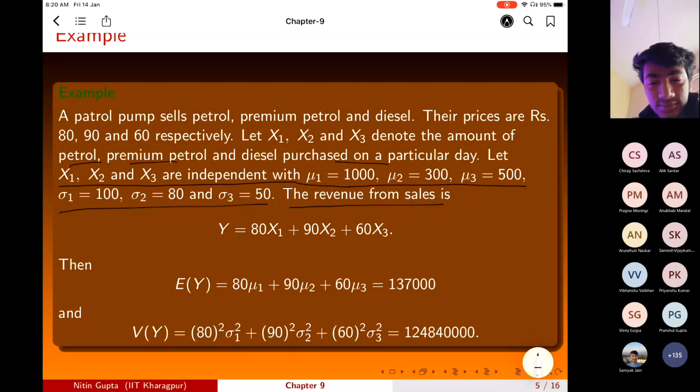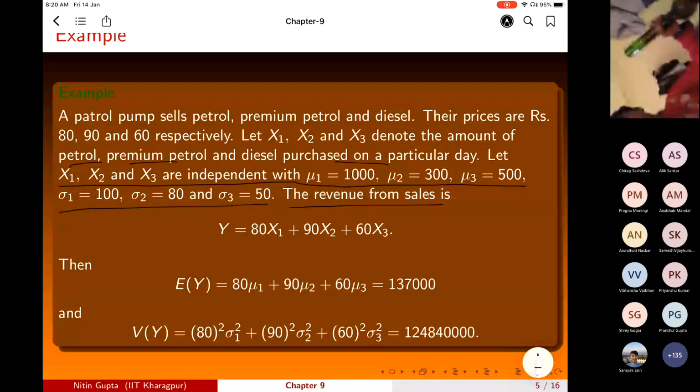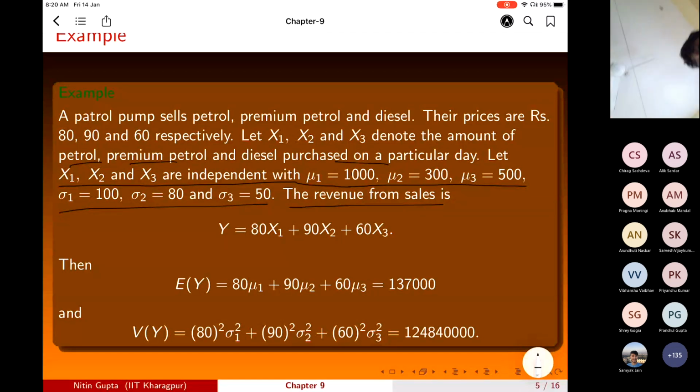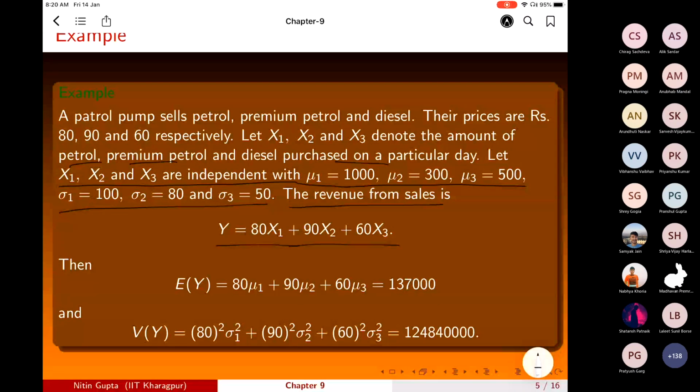Because we are selling the petrol at 80 rupees, the revenue is y equals 80 x1 plus 90 x2 plus 60 x3. Then the mean revenue from the sales will be 80 mu1 plus 90 mu2 plus 60 mu3. So just plugging in the values of mu1, mu2, mu3, we will get this value.